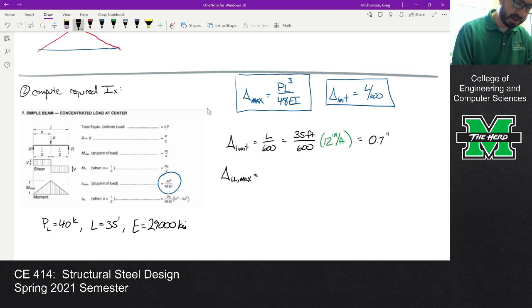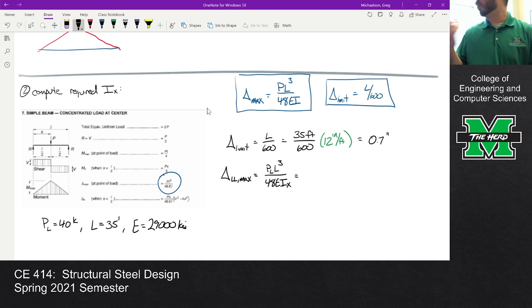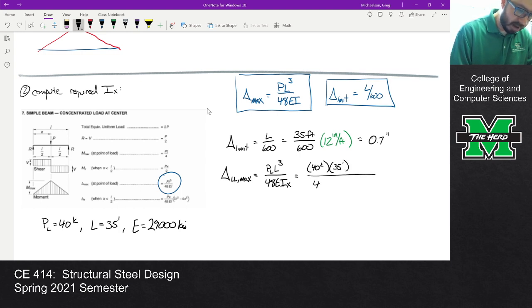Okay, so we're going to have PL cubed over 48 EI. Now, the way that we're going to compute that is we're going to say 40 kips times 35 feet over 48 times 29,000 KSI times IX.